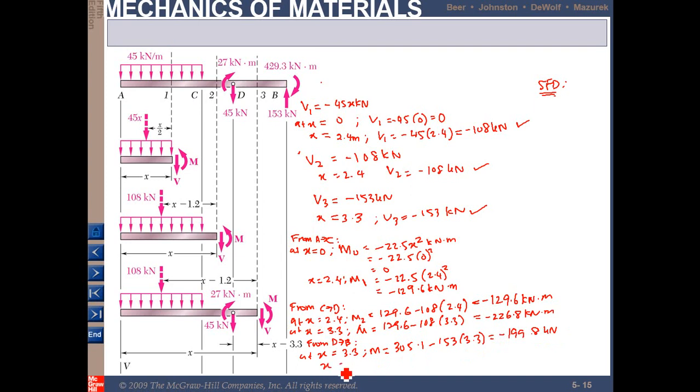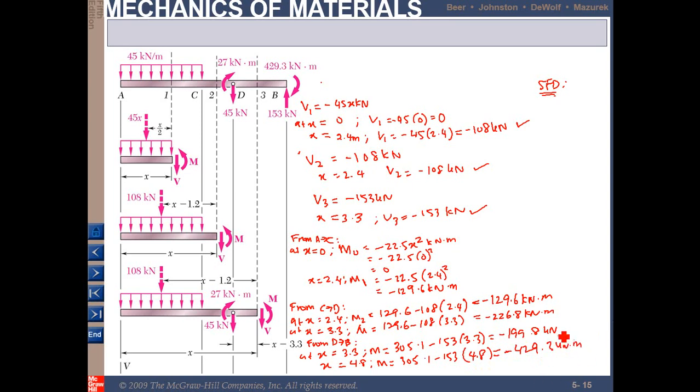And then at x equal to 4.8, you get M is equal to 305.1 minus 153 times x, which is 4.8, equal to minus 429.3 kilonewton meter.